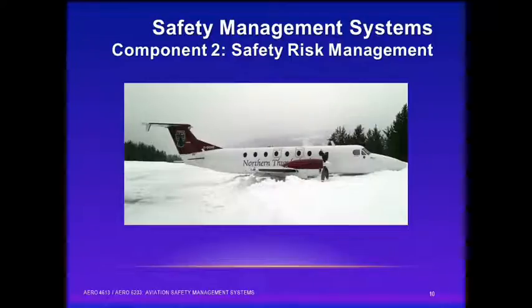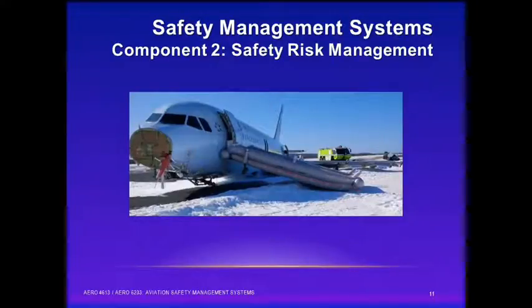If a Citabria slipped off the side of the runway due to snow versus an Airbus A320, the difference in the severity would be significantly different. In some cases it may be embarrassing, and in some other cases it may be really, really bad.